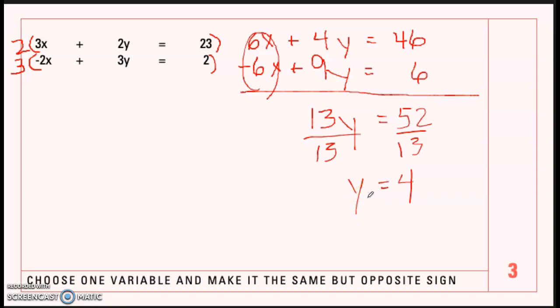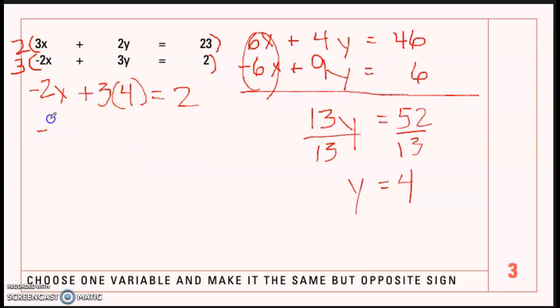I can take this y equals 4, and I can substitute it into any of these 4 equations at the top. I'm just going to use this second equation, negative 2x plus 3y equals 2. I'm going to substitute y equals 4. So that gives me negative 2x plus 3 times 4 equals 2.